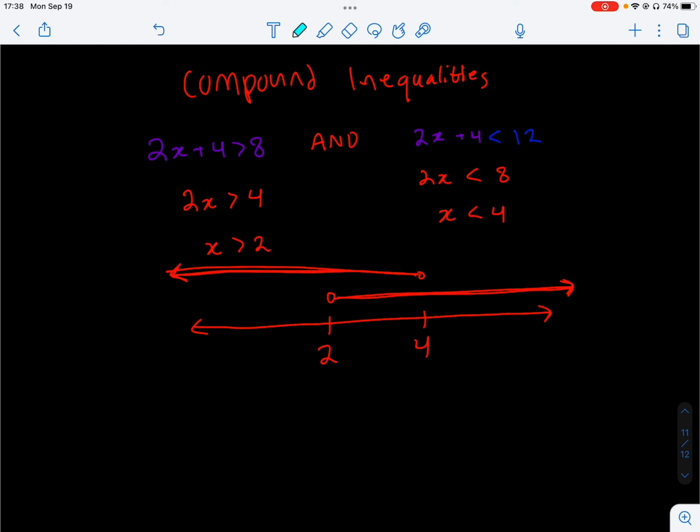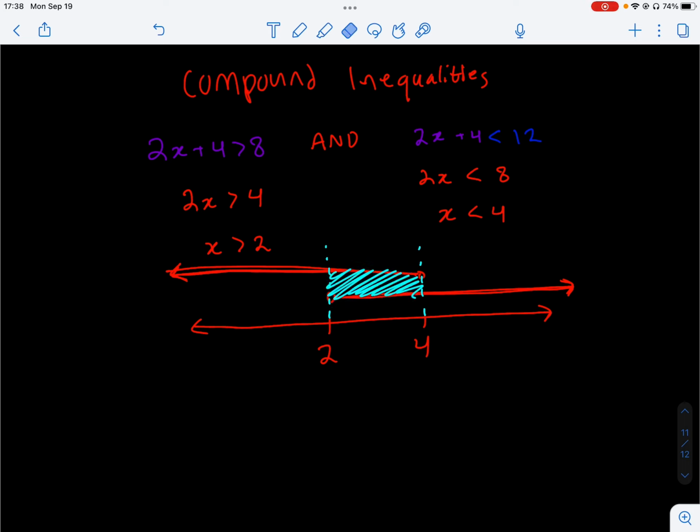Well, hopefully you notice, that's the case when we are in this little overlapped area here. Because over here, x is not greater than 2. Over here, x is not less than 4. But right smack in the middle, where I highlighted here, this guy absolutely is.